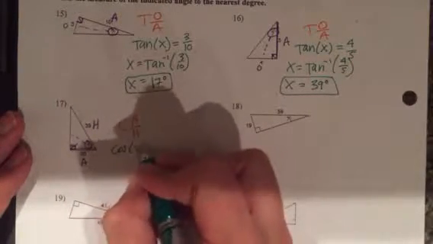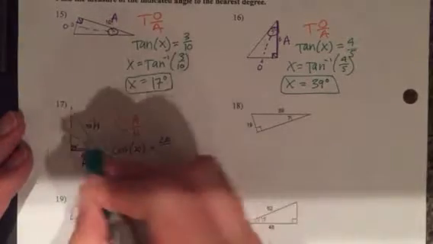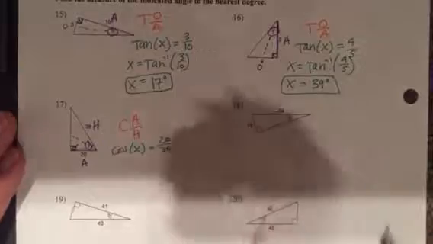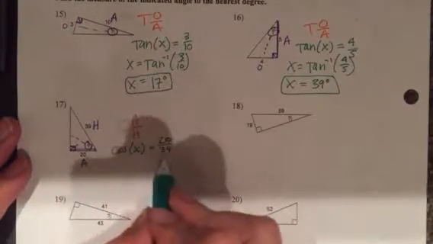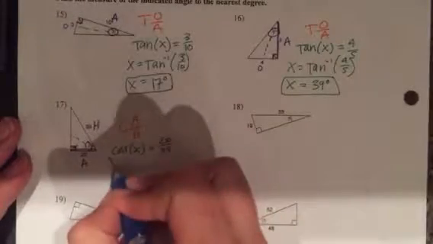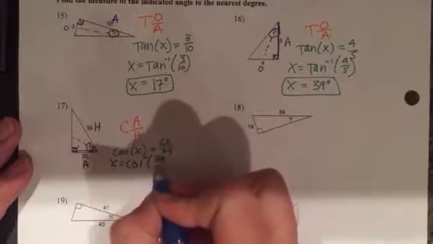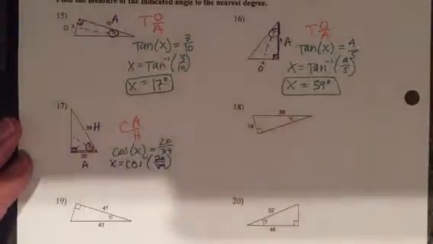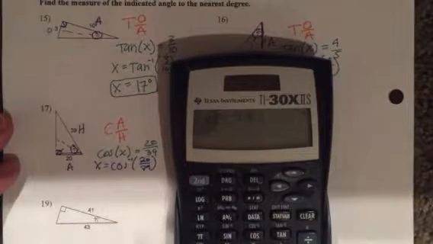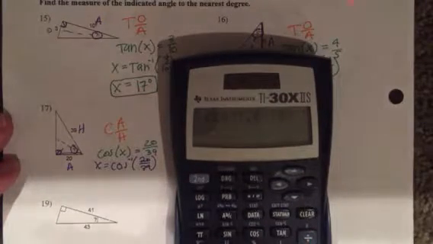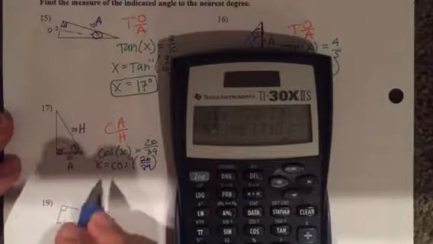Cosine of an angle I do not know is equal to A over H. To move the cosine over and to let go of the x, I am going to use the inverse so that now it's attached to the 20 over 39. Second cosine, 20 divided by 39, equals, this angle is 59 degrees.